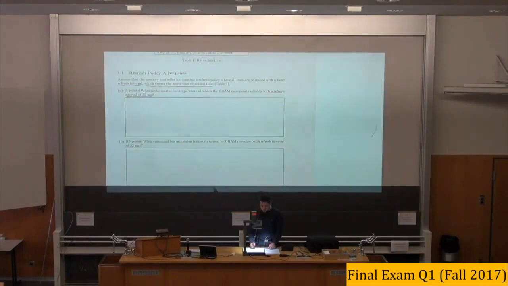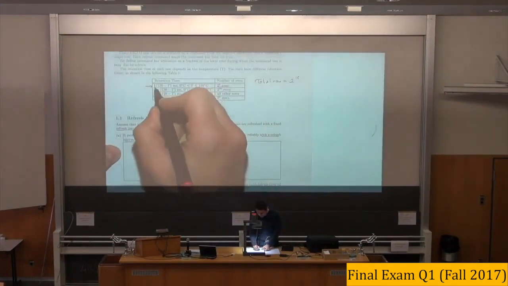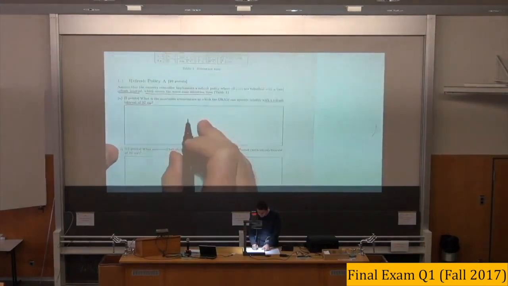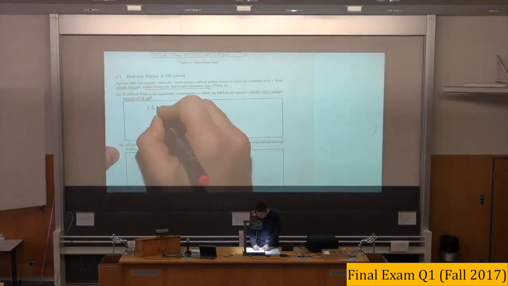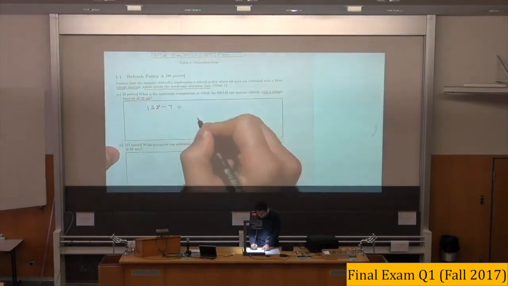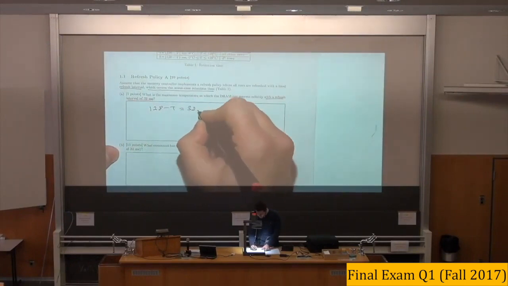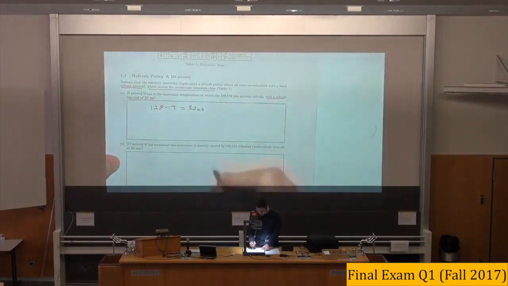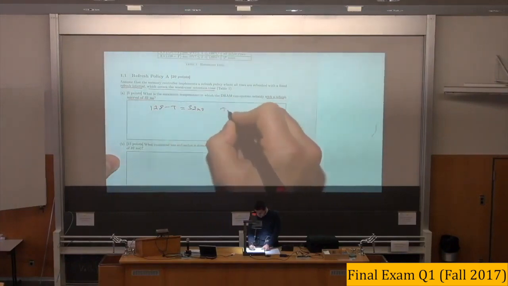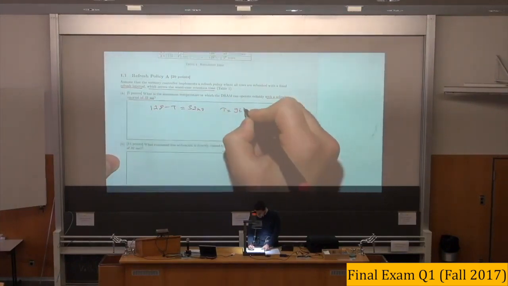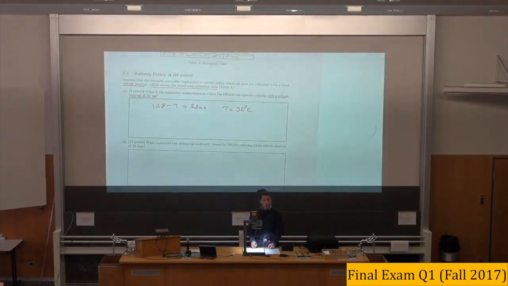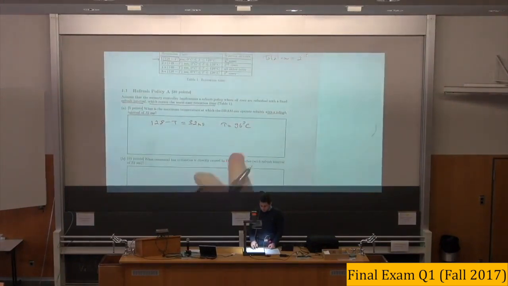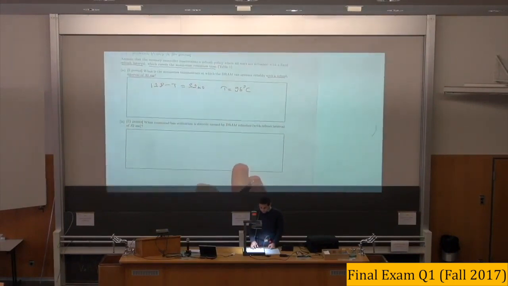What can be the maximum temperature so that the DRAM can operate reliably? I will take this one and solve for T given the refresh interval of 32 milliseconds. So T will be 96 degrees Celsius, so that the DRAM can operate reliably given this refresh policy.